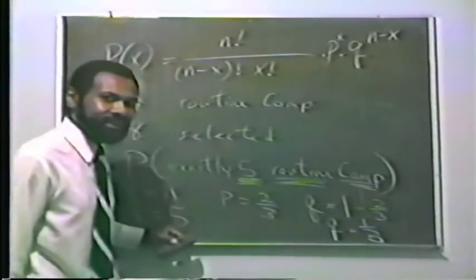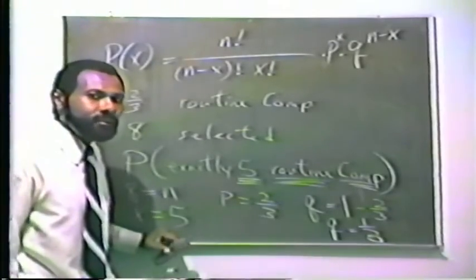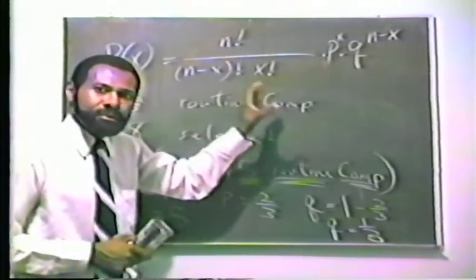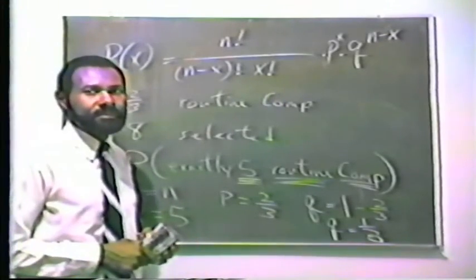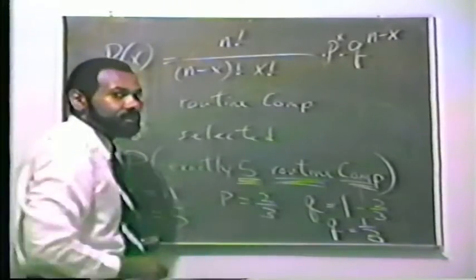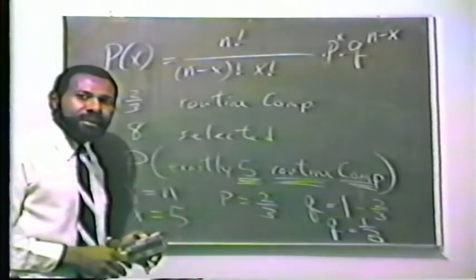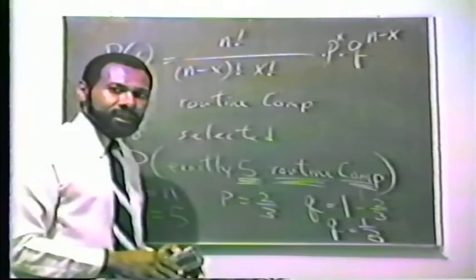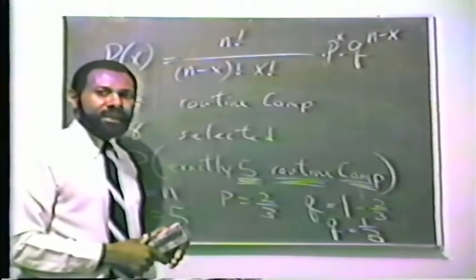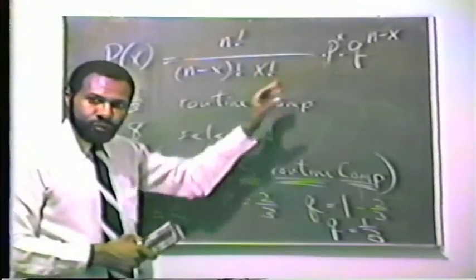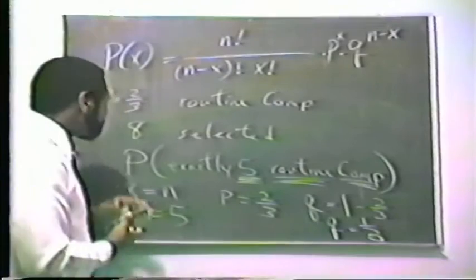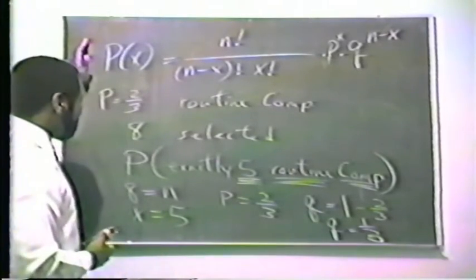Q equals 1/3. So now we have everything we need to use this formula to find the probability that we're looking for. We just substitute these numbers into the formula for the variables, and then we use our calculators and what we know about algebra to simplify the expression we get. We start on the left side of the formula.